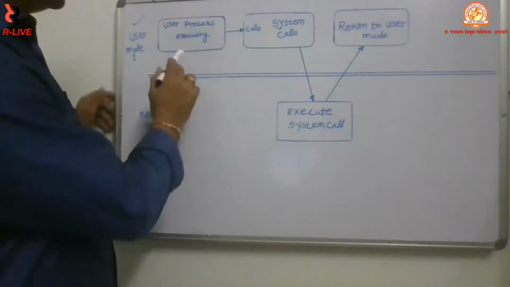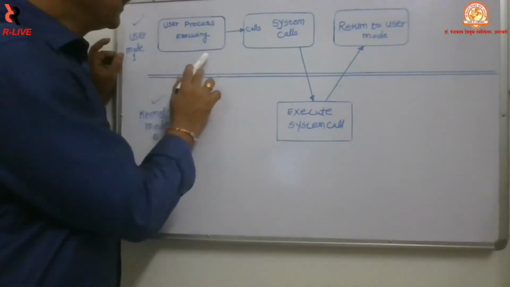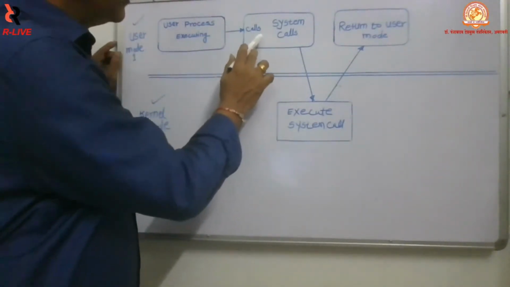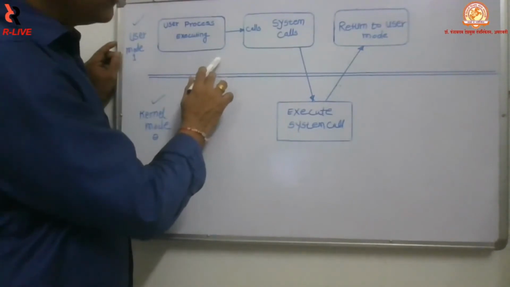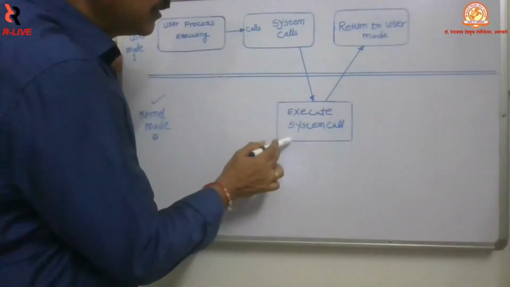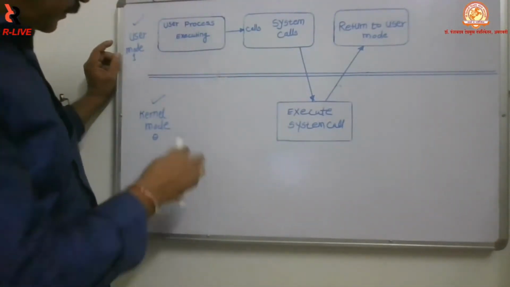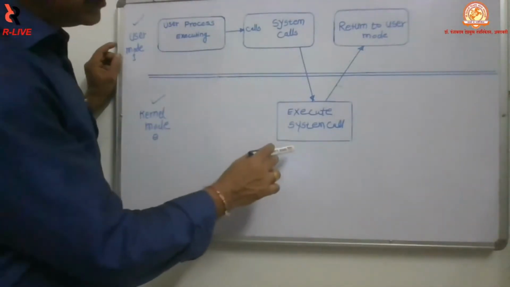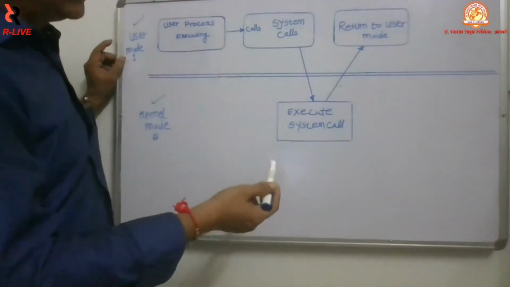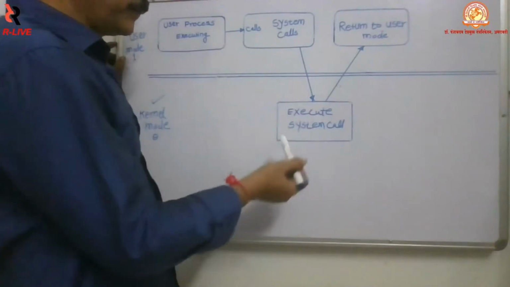Here user processes are executing in user mode, and suddenly they require privileged operations. In kernel mode, privileged functions are used.